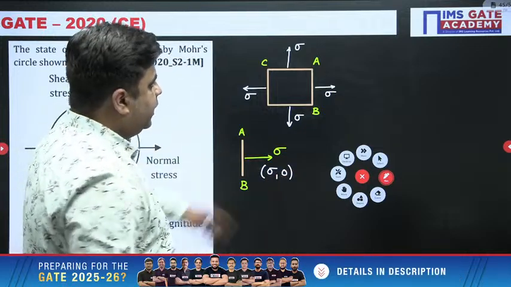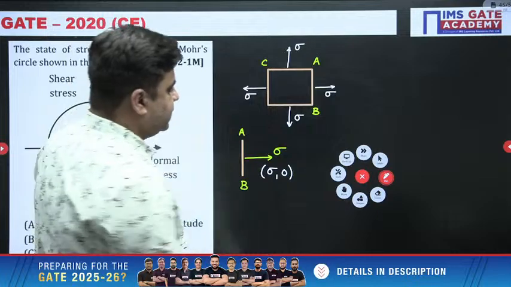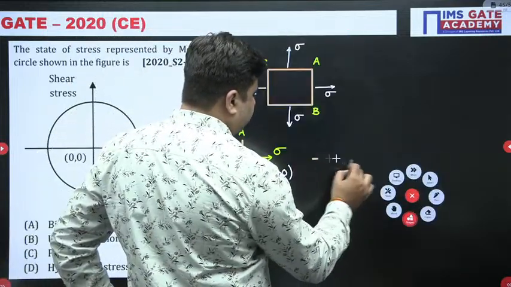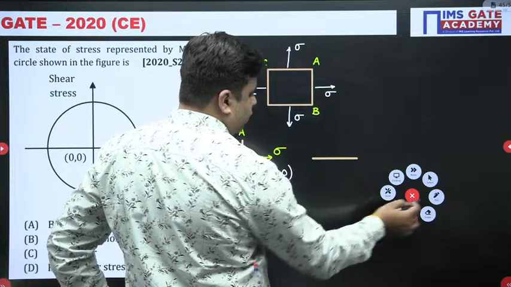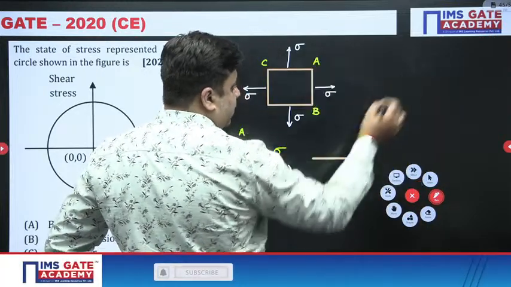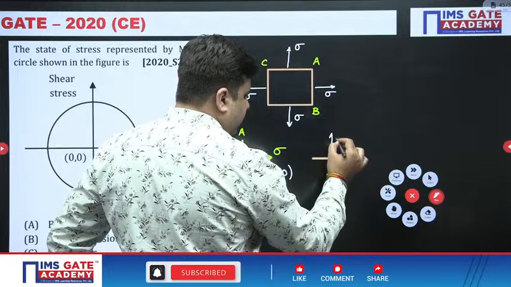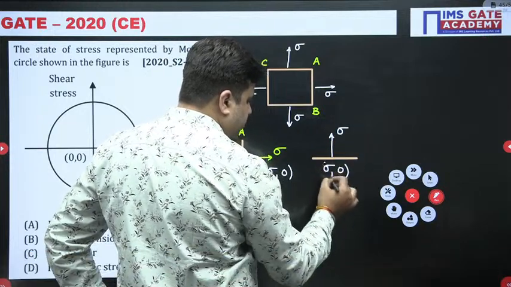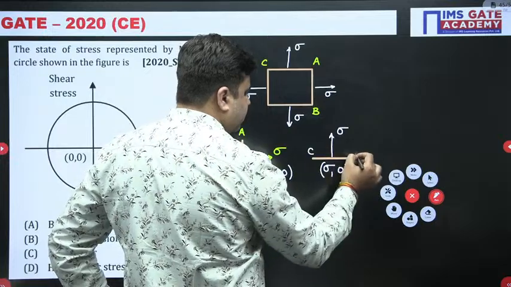Now consider plane AC. For this plane AC, the coordinates of the point that you plot on the normal and shear stress axes will also be sigma, 0.